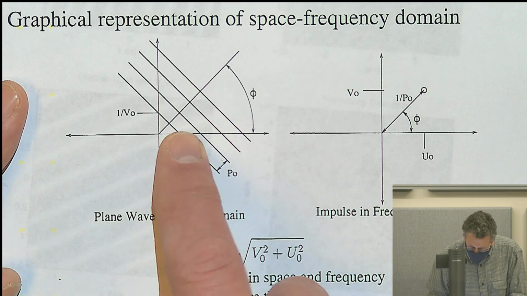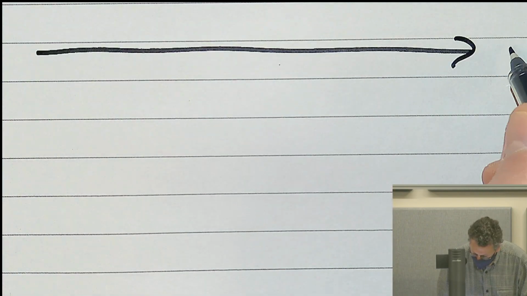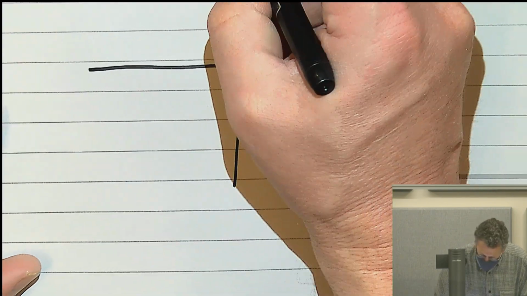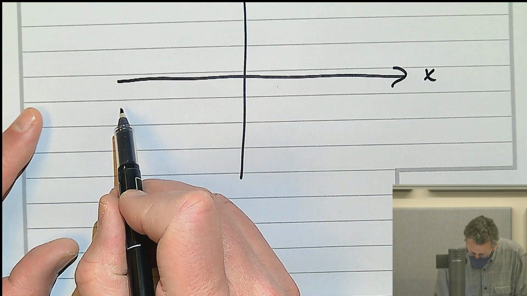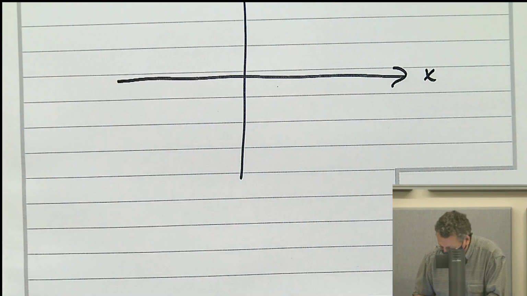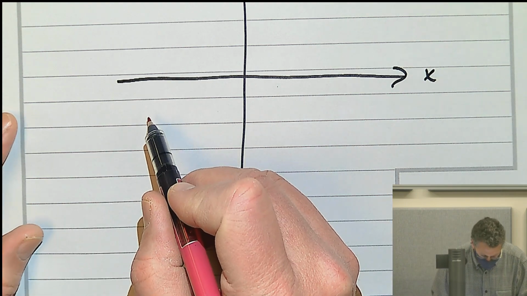And then there's some other relationships here. One thing that's interesting is that if you have a wave, because this does come up, so this is x and this is y. Let's say you have a wave and it's just tilted at a slight angle relative to the coordinates.